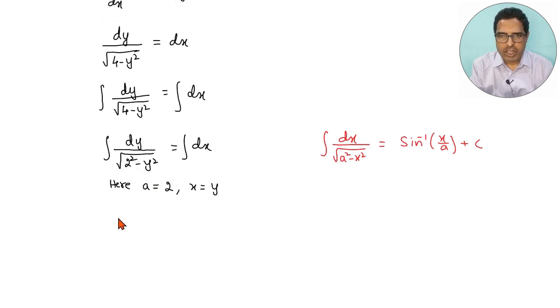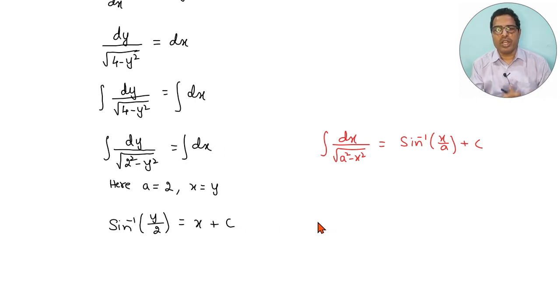So I will get sine inverse of y by 2 is equal to the integral of dx, which will be x plus the constant of integration c. So that is the required solution.